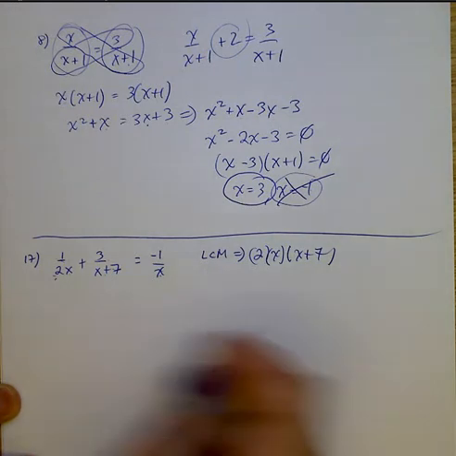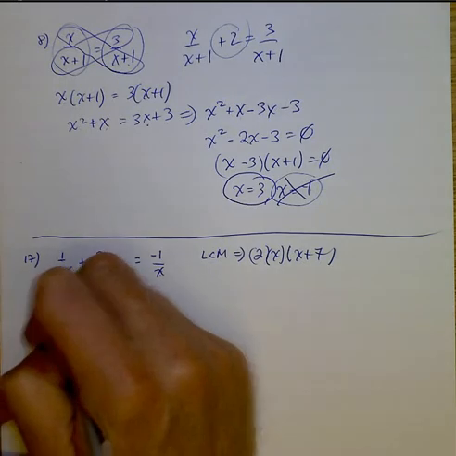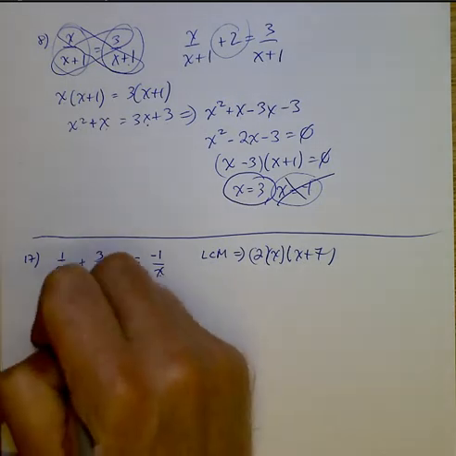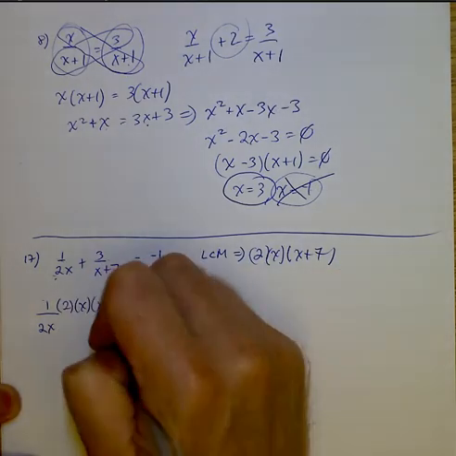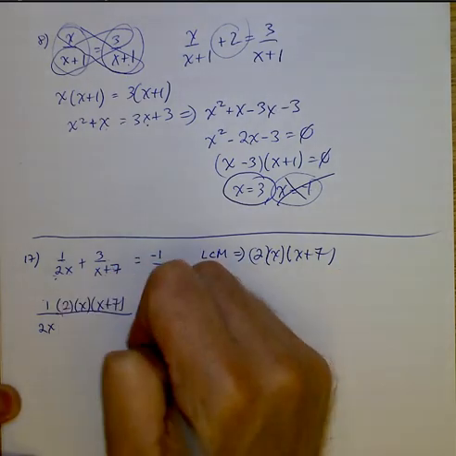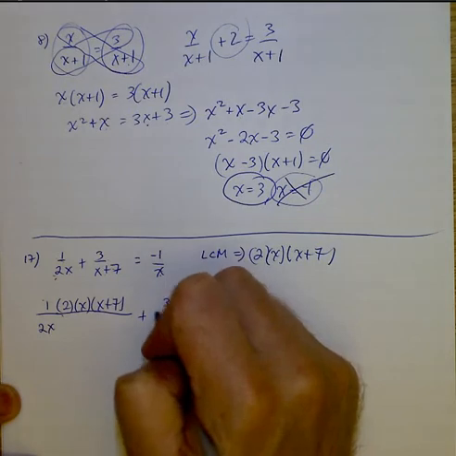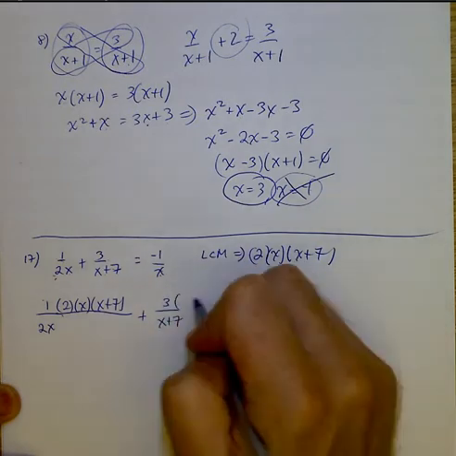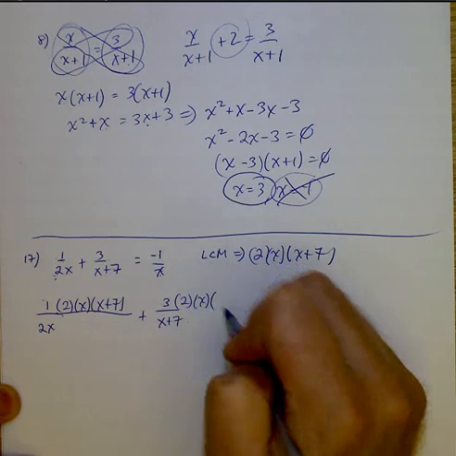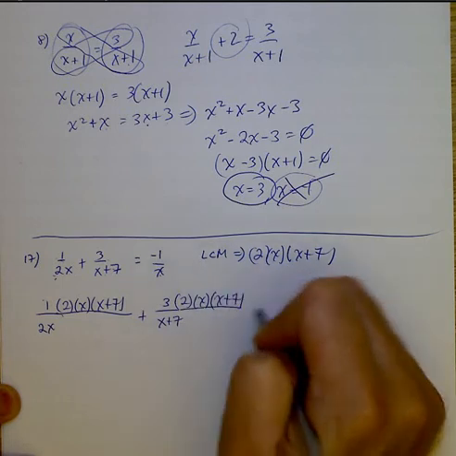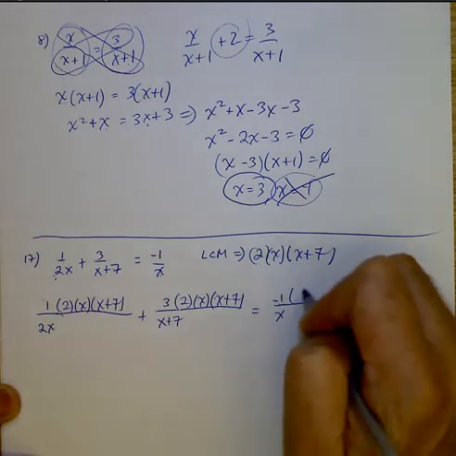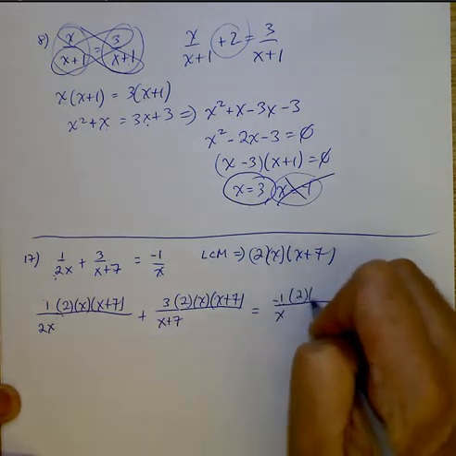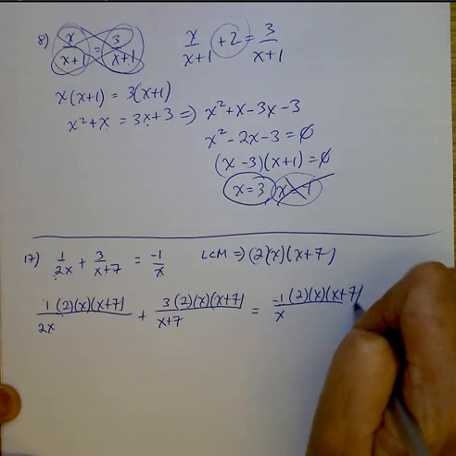So let's do that. We have 1 over 2x, and I'm going to multiply that by 2 times x plus 7. On the second term, it's 3 over x plus 7, and I'm going to multiply it by 2 times x plus 7. Equals negative 1 over x, and I'm going to multiply this term by 2 times x plus 7. Now I'm going to look for my crossouts.